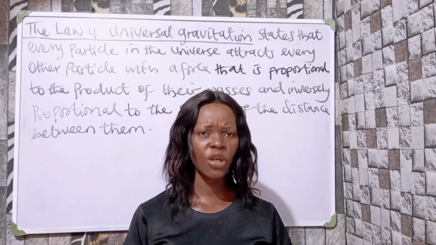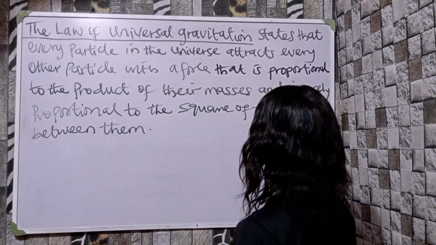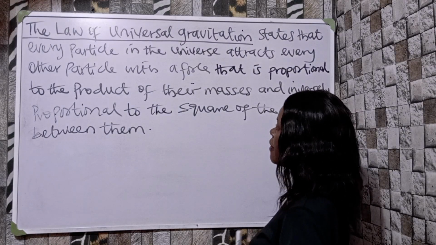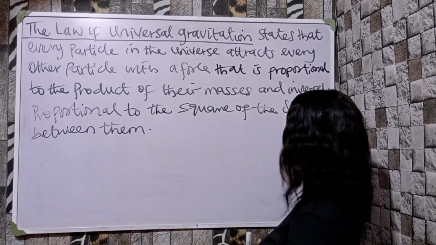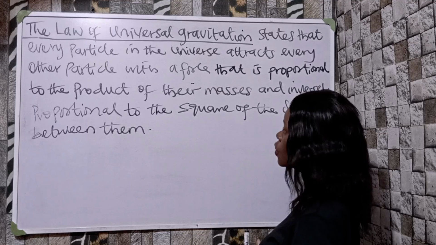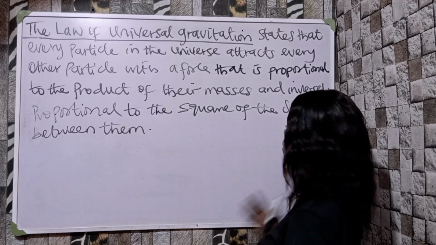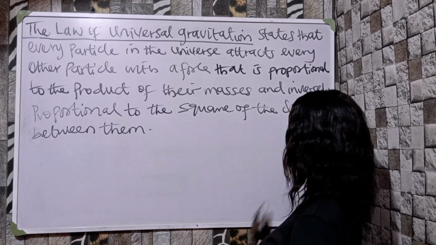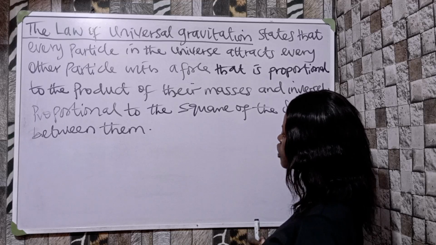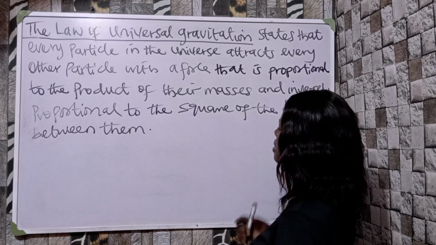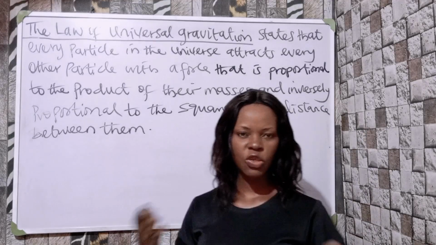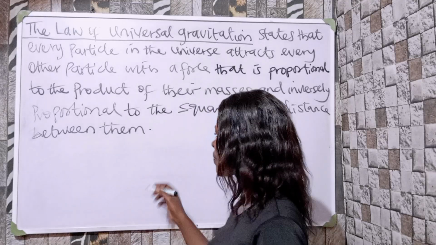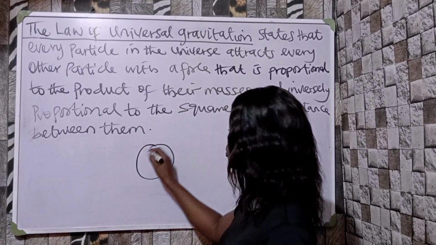So let's look at what the law is trying to say. The law of universal gravitation states that every particle in the universe attracts every other particle with a force that is proportional to the product of their masses and inversely proportional to the square of the distance between them. What is it trying to say? For example, I have this particle in the universe.